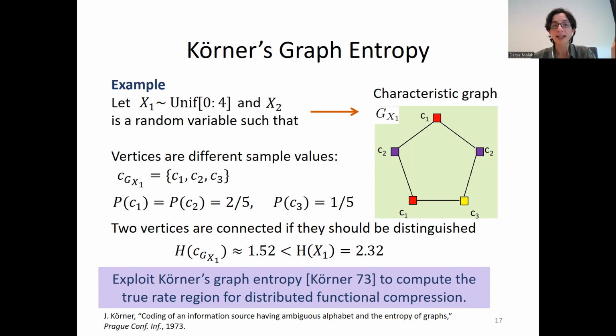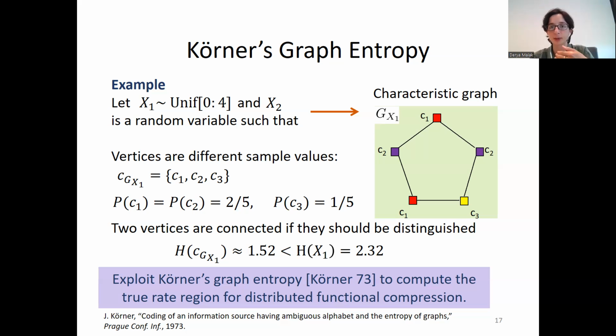Then we need to determine how we decide the edges between these vertices of the graph. The way that the edges are decided is based on whether we need to distinguish the 2 possible outcomes of the source or not. For example, the first outcome, 0, and the second outcome, 1, we need to distinguish them because it can cause a confusion at the receiver.